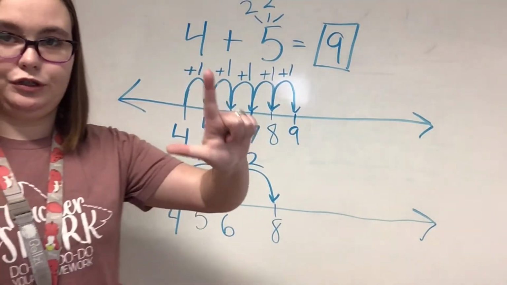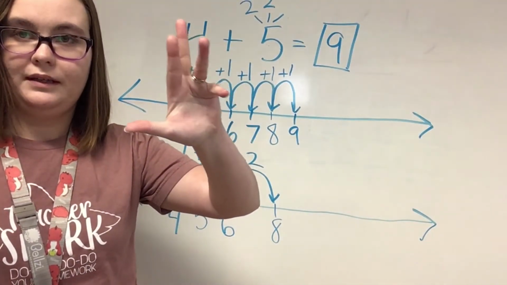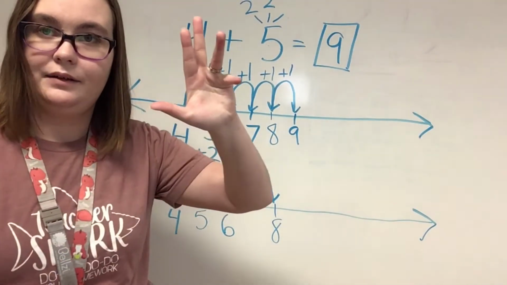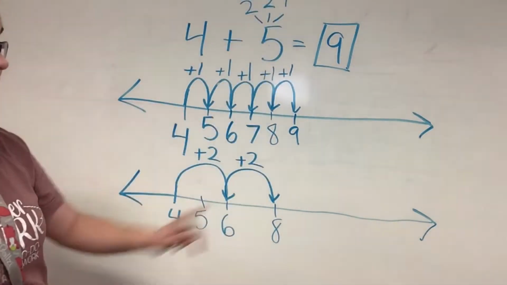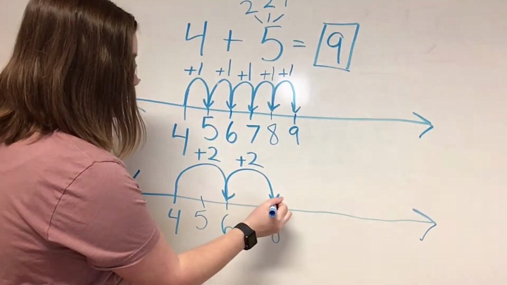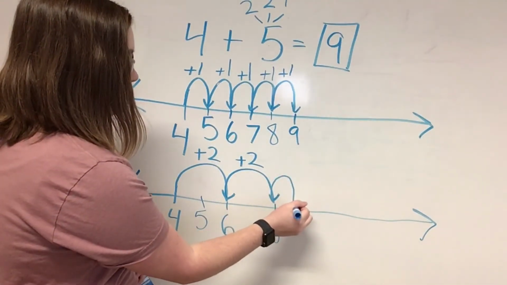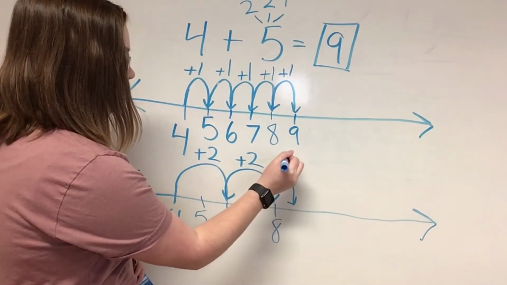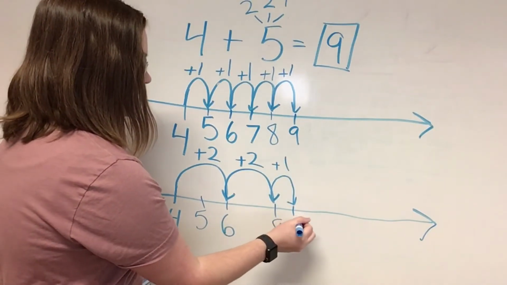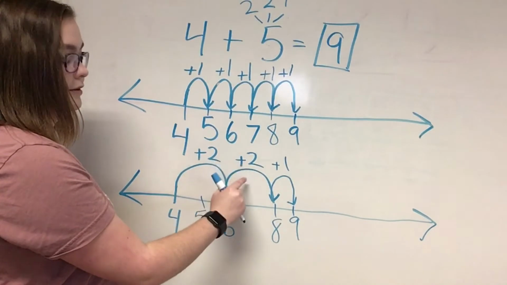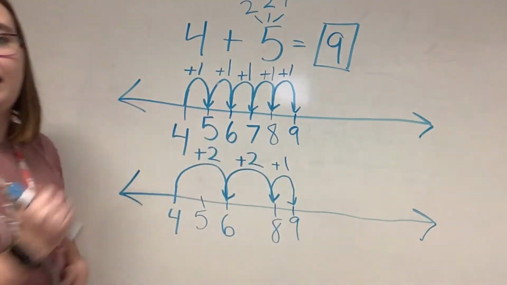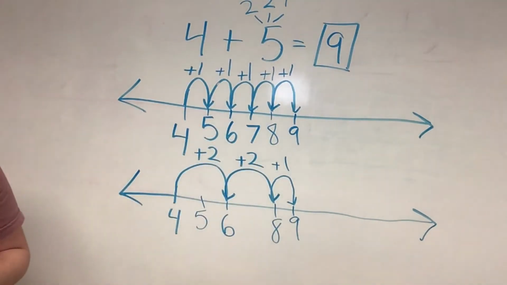So I have 2. How many more do I need to add? 1 more. So I would still have to make a jump of 1, making sure that it is much smaller than my jumps of 2, so that I can still have 5 jumps. 1, 2, 3, 4, 5 that I've added onto 4.